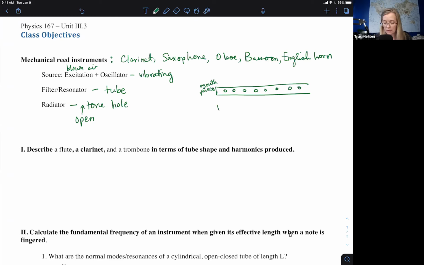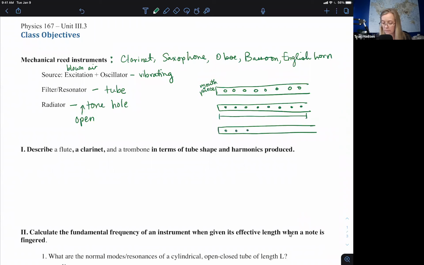So if, for example, they were all closed, then you would have a tube the whole length L. But if only a few of them are closed, then the effective length is much shorter. And so this would be a shorter L, which would produce a higher note.